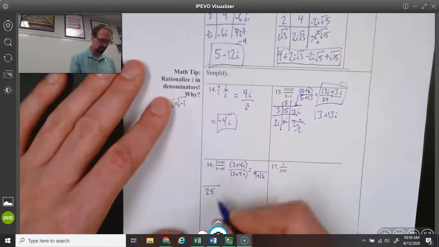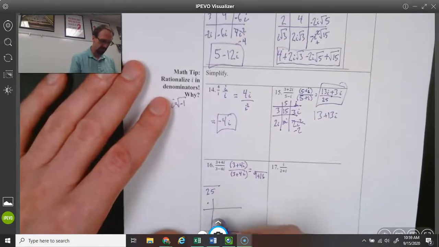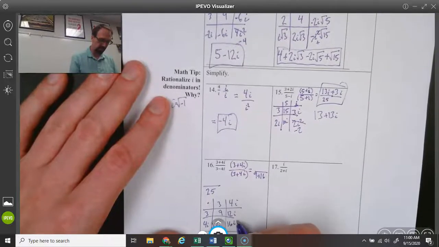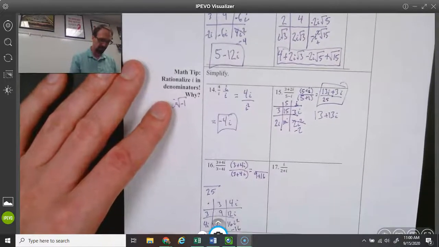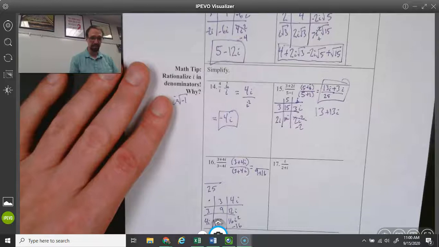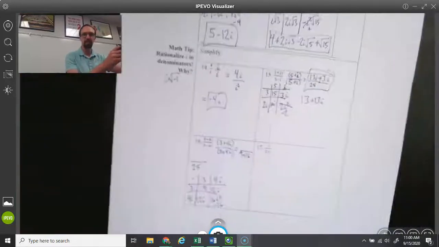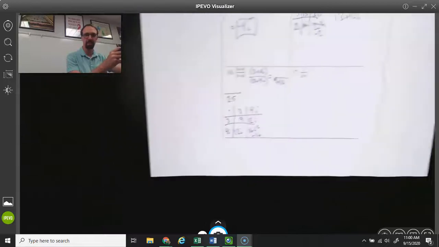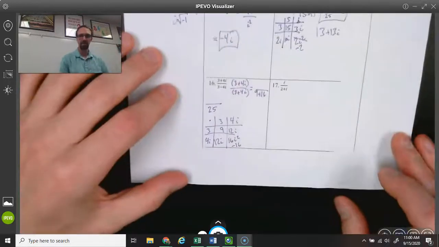Now let's go ahead and simplify the numerator. So I'm going to have 3, and then 4i, and then 3, and then 4i. 3 times 3 is 9, 12i, 12i here, and then 16i squared, which is -16. Oh, I'm so sorry. I just realized that you could not see what I was writing. I apologize. There we go.